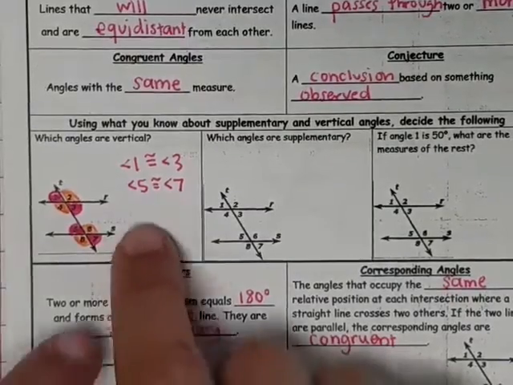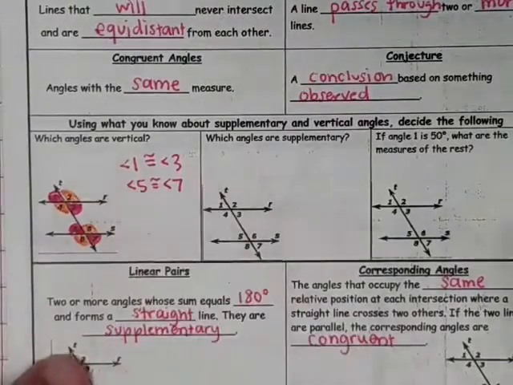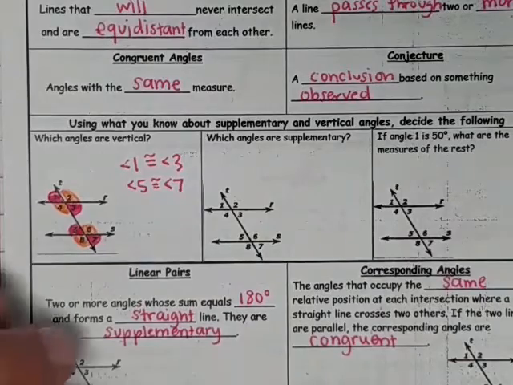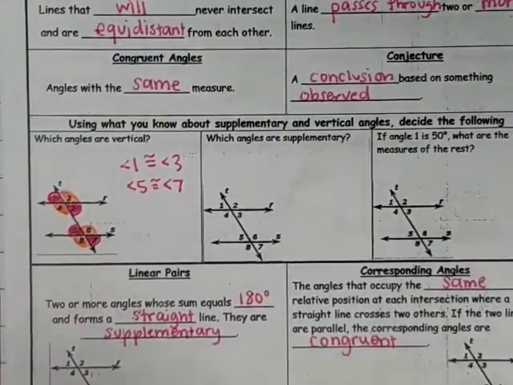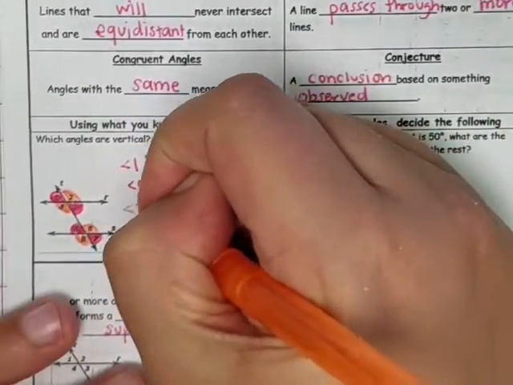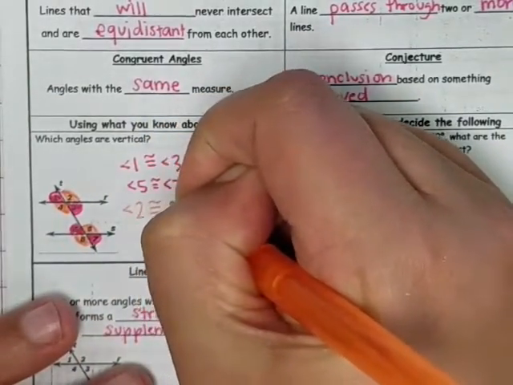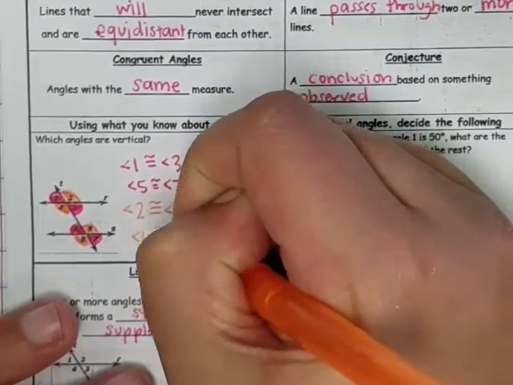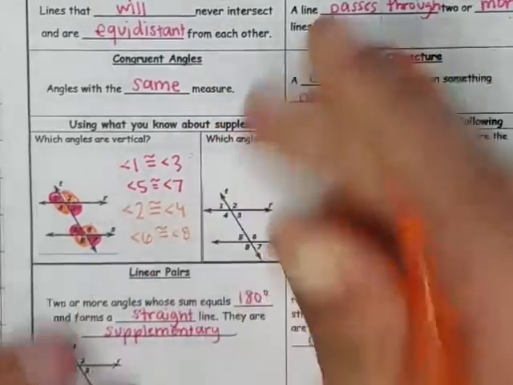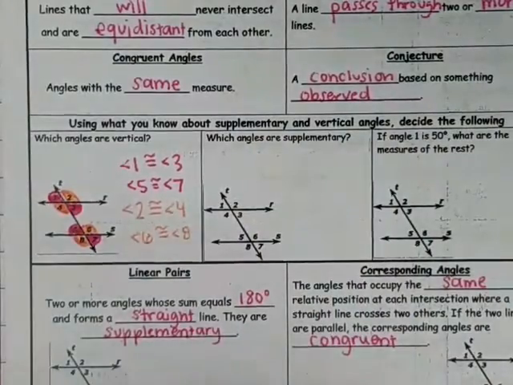Yep, it is an equal sign with a little tilde up top, and it just means to be equal to one another. And then angles 2 and 4 are vertical, so angle 2 is congruent to angle 4, and angle 6 is congruent to angle 8. And that's information that we learned yesterday.